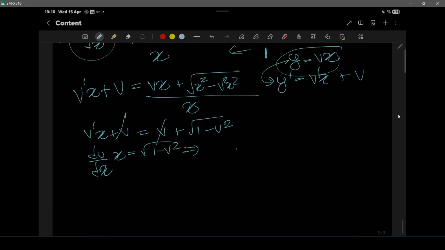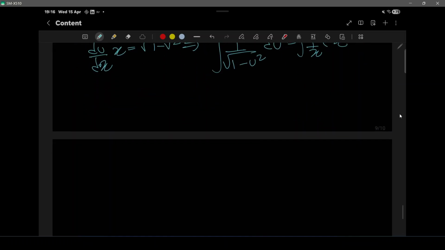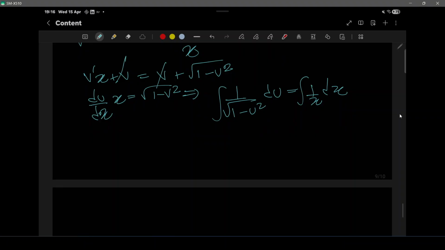So this is 1 over square root of 1 minus v squared dv equal to 1 over x dx. We just have to integrate both sides. To solve differential equations, you should have good practice in integration.